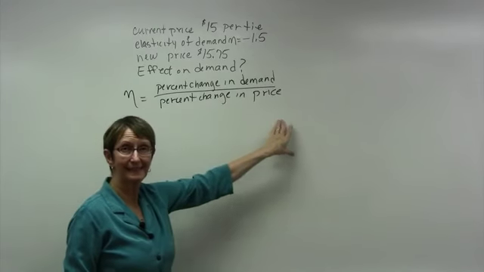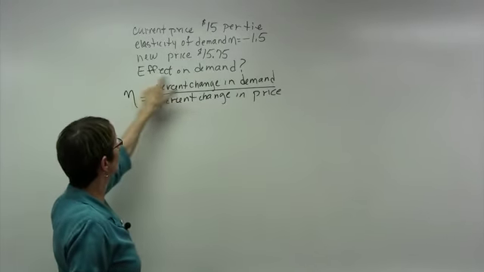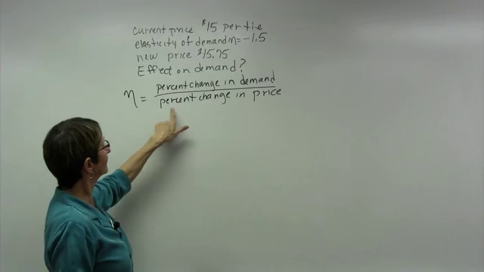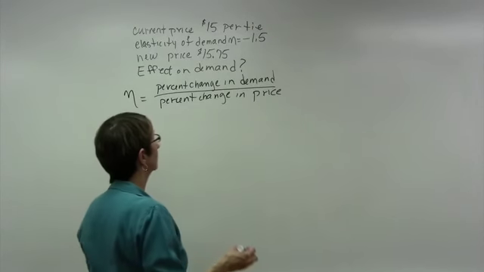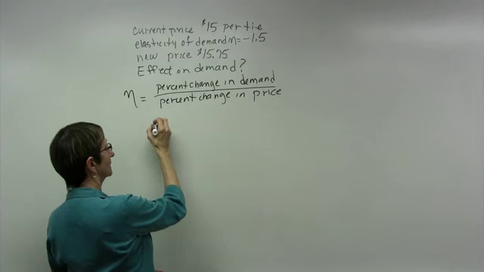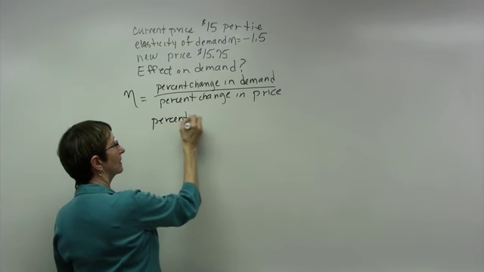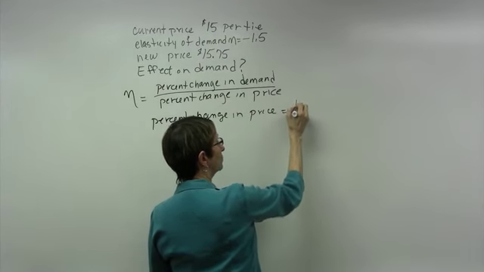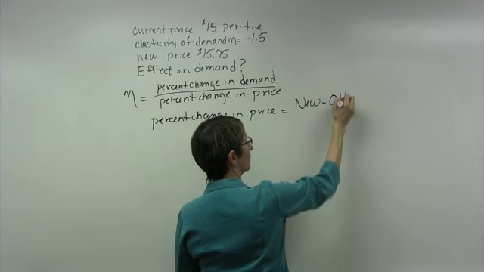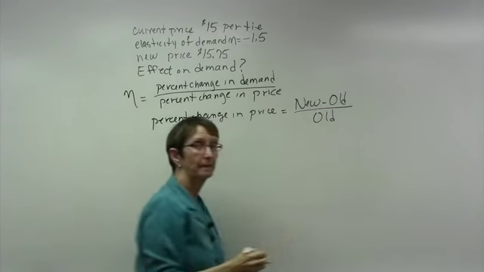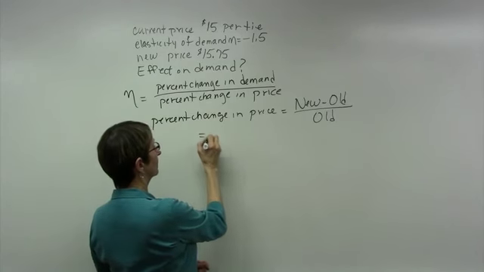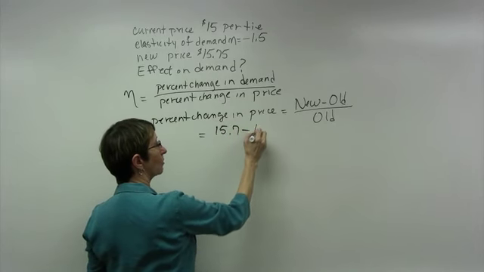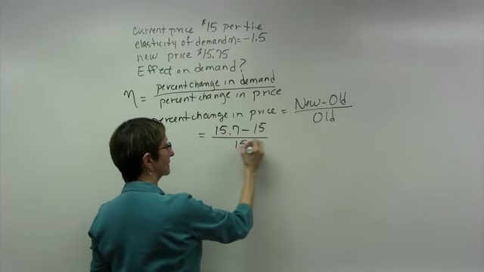Well, we have prices, we don't have percent change in price, and we're looking for an effect on demand, so we don't know anything about the top either. So let's see if we can find the percent change in price. We have a formula for percent change in price, or percent change in anything, and it is always the new value minus the old value divided by the old. So our percent change in price will equal the new price, $15.75, minus the old price of $15, divided by $15.